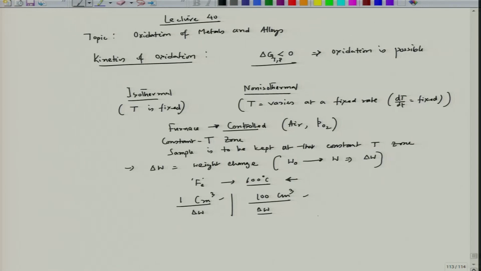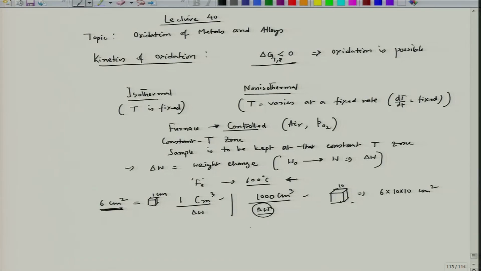If this is a cube of 1000 centimeter cube and this is a 1 centimeter cube, the length of one side is 10, so the total area becomes, and in this case the length is 1 centimeter, so a total of 6 centimeter square. So, the surface area exposed to the oxygen in this case would be much higher.